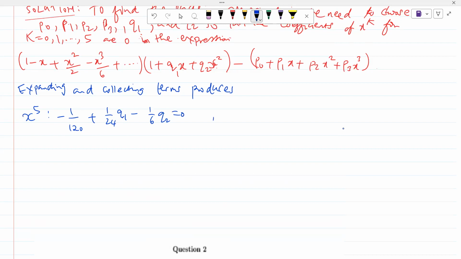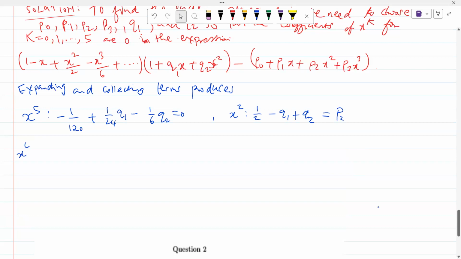And then you have x, which is 1 over 2 minus q1 plus q2, which is equal to q2.